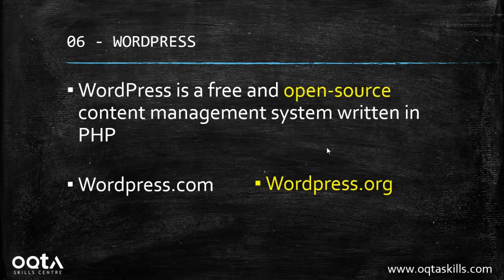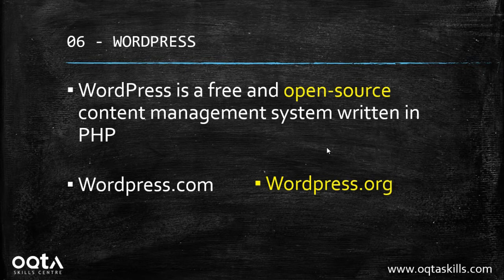And so when you're going to run a website using WordPress.com, you don't pay for hosting. You're going to have your website come as octa.wordpress.com. If you're going to use WordPress.com, you're going to have your website running as a subdomain of the parent website.